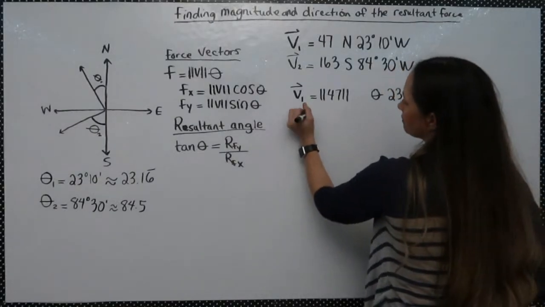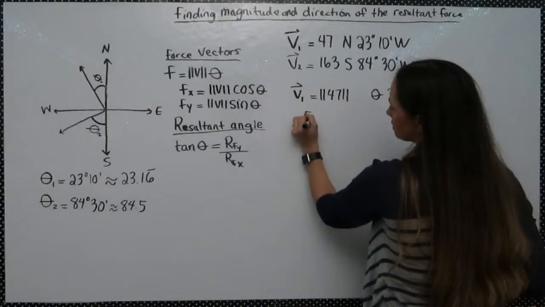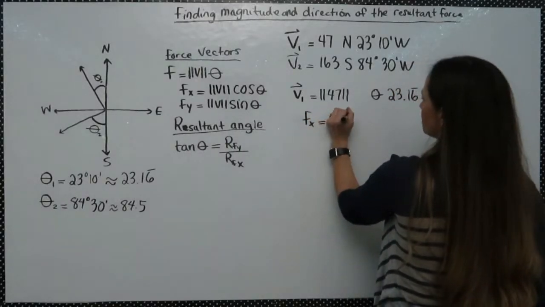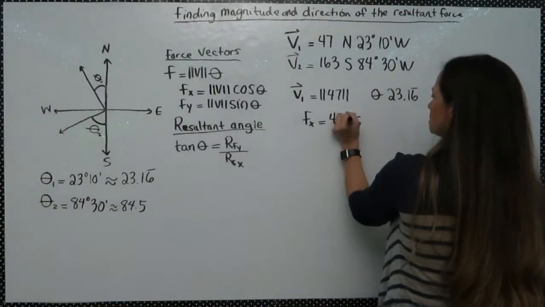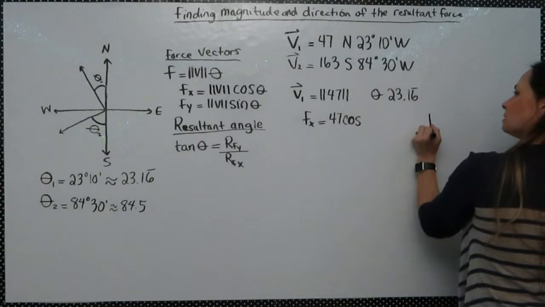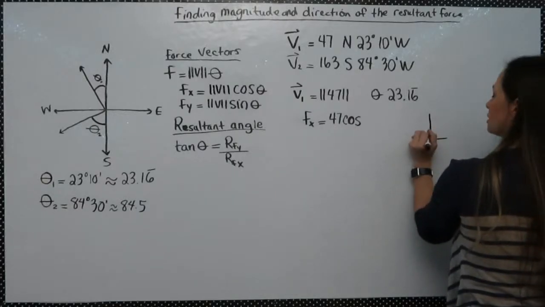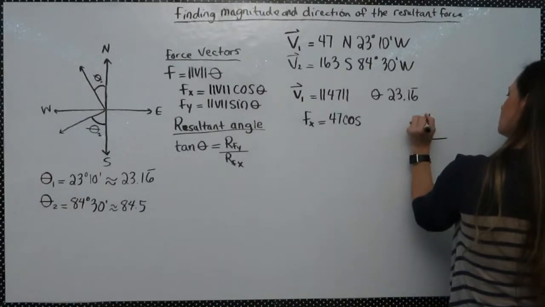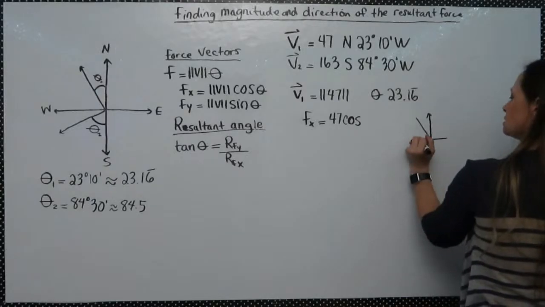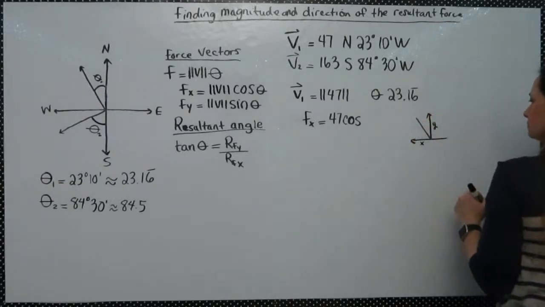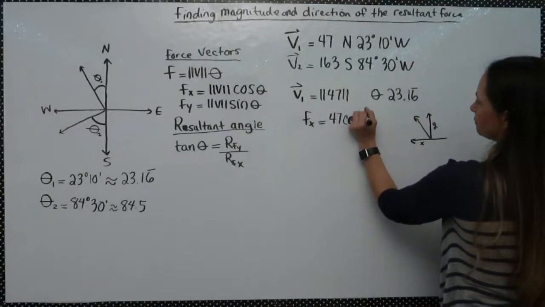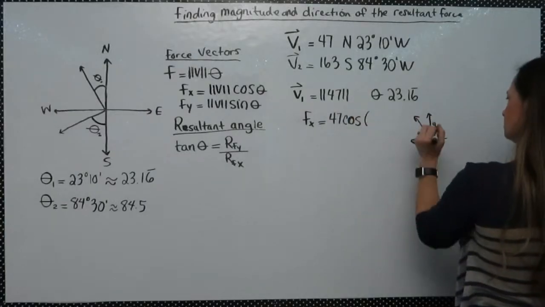And vector 2, so we'll go ahead and deal with that one first. So we have the force sub x is going to be 47 cosine. Let's see, I need to draw this. This vector out here. So we're splitting that into horizontal and vertical components. So the x and the y of this angle.